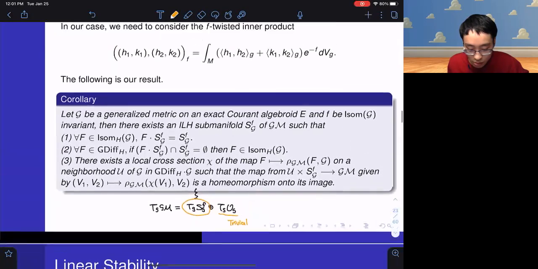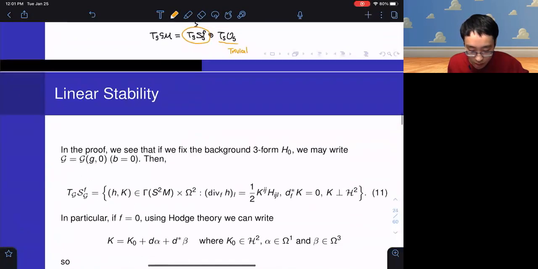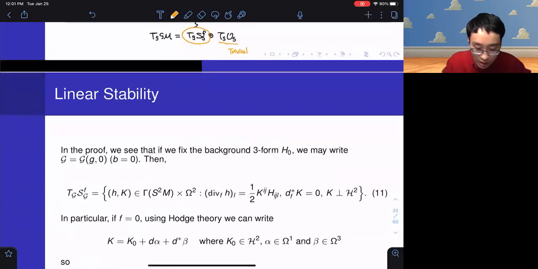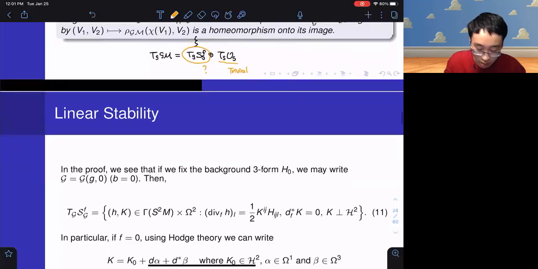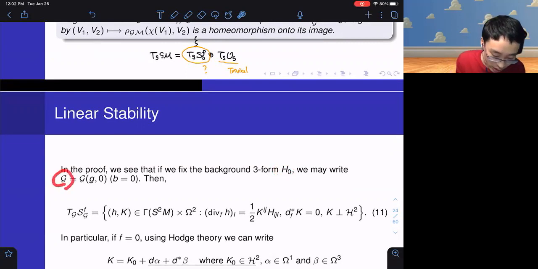And if you look at the proof carefully, we can write down Y is T_G S_G F. In order to express it, we will fix our background metric H0, and we can choose H0 properly so that in G, we force that our B is 0.